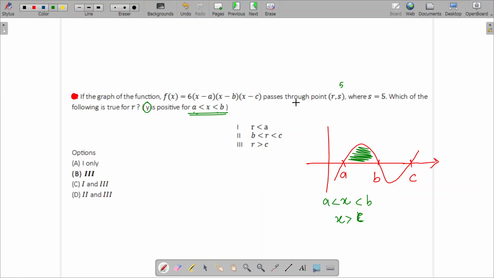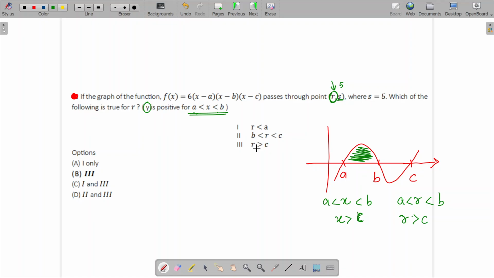X is nothing but this r. R is the x coordinate only, no? That's what we are finding out right now. So can I replace this with r? Yes. R is between a and b, and s is positive when r is greater than c.